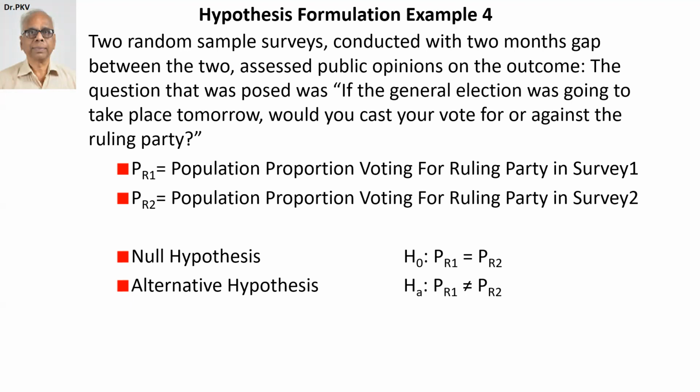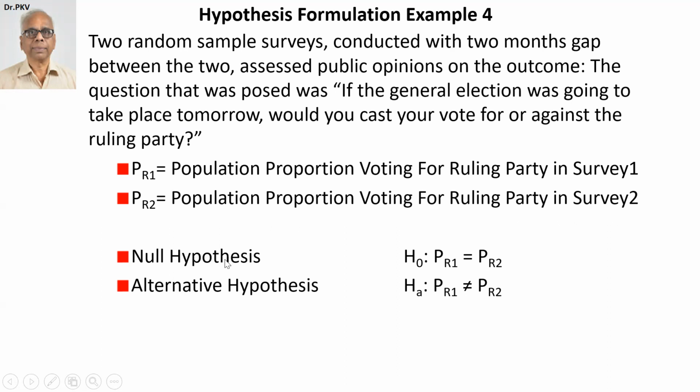So let us represent symbolically PR1 equal to population proportion voting for ruling party in survey 1. That is the first survey. Then PR2 is equal to population proportion voting for ruling party in survey 2, which is conducted after 2 months.